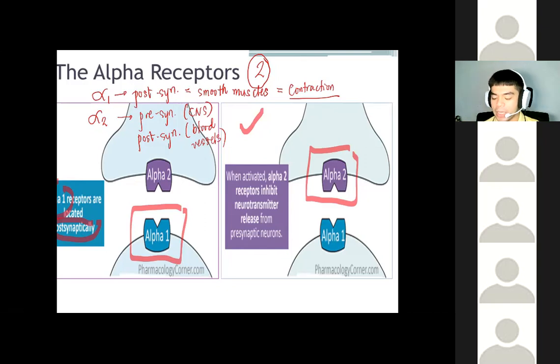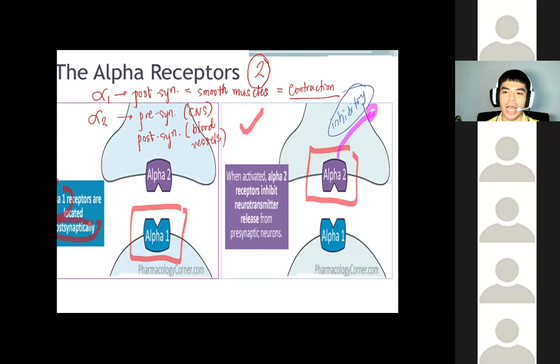Regarding presynaptic alpha-2 receptors, since this is presynaptically located, ang effect niya ay inhibitory. Inhibitory, ibig sabihin, siya ay pampigil ng usual sympathetic effect.